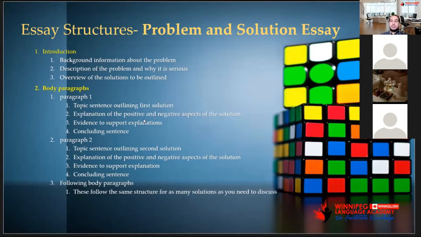We need also to make sure that this is an expository essay. So it is not an argumentative essay. It's not an opinion essay. So we need to list both sides. So you tell people that, yeah, if you give money to the teachers, this will be a solution to the problem, but there will be a negative here.